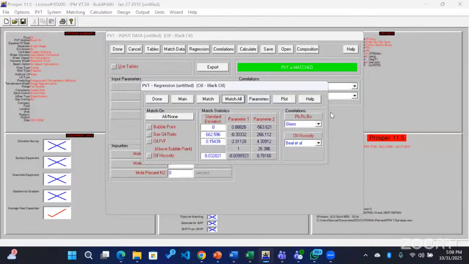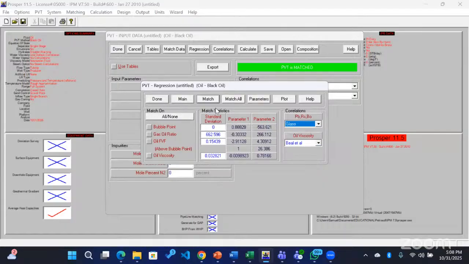Then oil viscosity, which means Glaso is good. Then let's try to check another one. Let's check Al-Marhoun: 0.2, 0.030, and there's an issue with this GOR. So let's check one more. Lasater: the values are not that close to 0. So let's stay with Glaso.